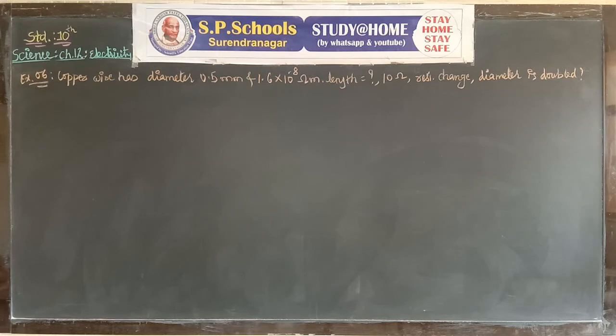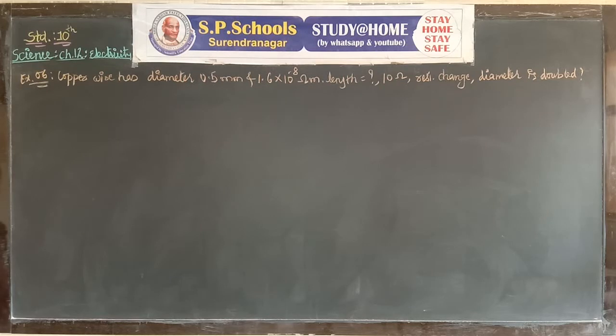What will be the length of this wire to make its resistance 10 ohm? How much does the resistance change if the diameter is doubled?